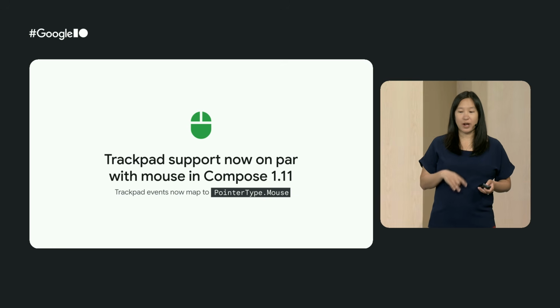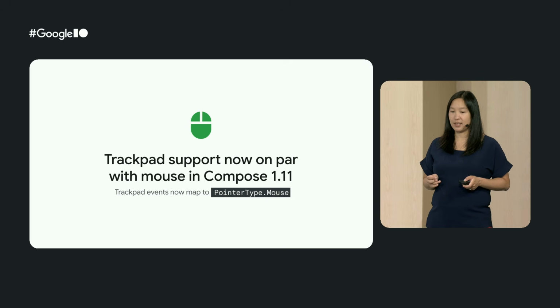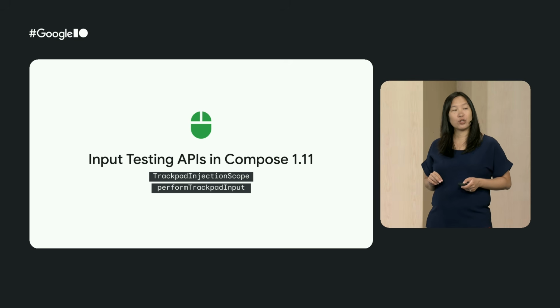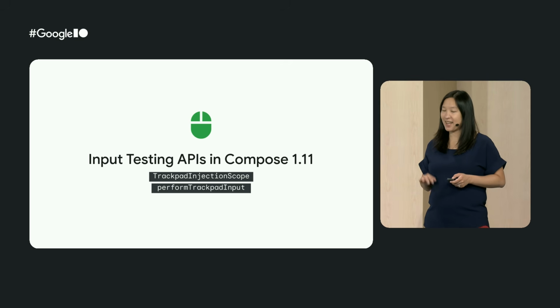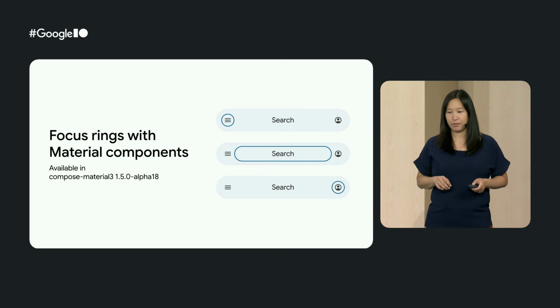We now process trackpad events as pointer-type mouse events, ensuring consistent behavior across pointer devices. This enables automatic recognition of advanced gestures such as pinch to zoom and two-finger swipes. We've also shipped new non-touch-based input testing APIs in Compose 1.11, including trackpad injection scope and performTrackpadInput. This helps you write reliable automated tests for non-touch input.